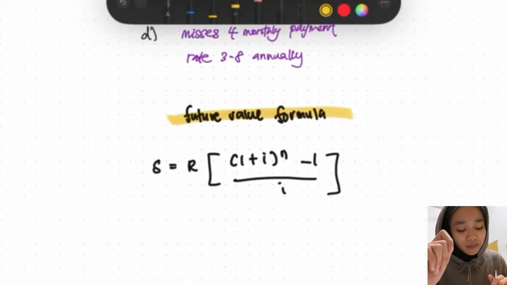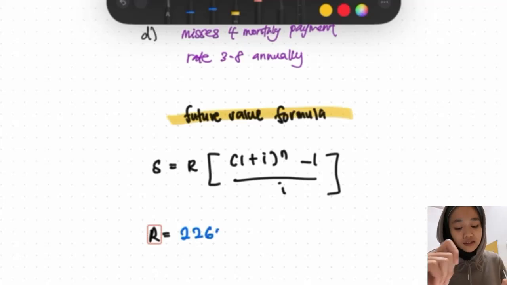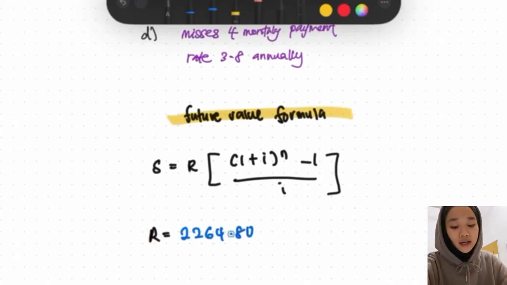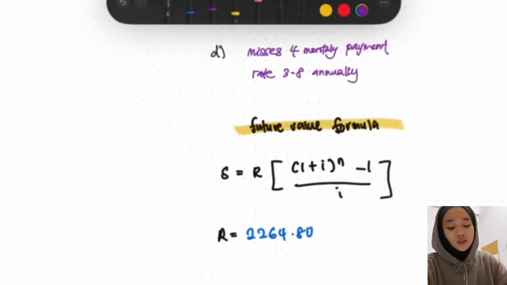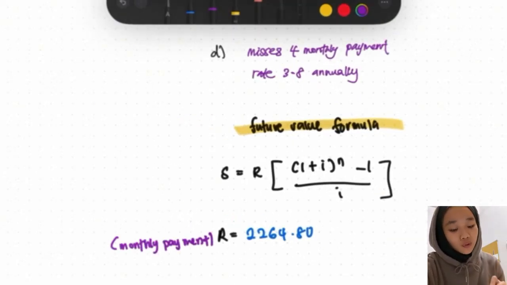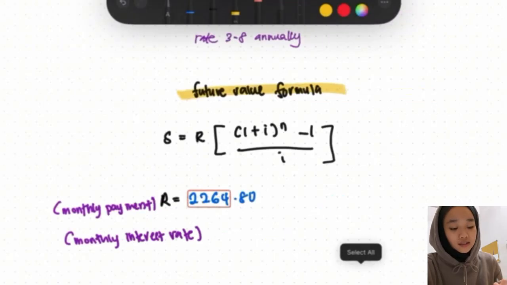So for the monthly payment, 2,264 ringgit 80 cents. Okay, before that, let us figure out which one is the monthly payment, monthly interest, and the number of missed payments. The monthly payment is 2,264 ringgit 80 cents.